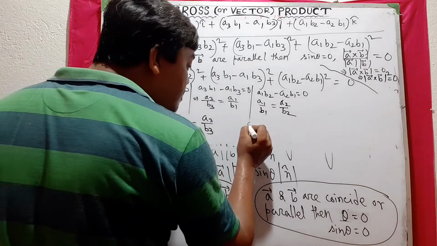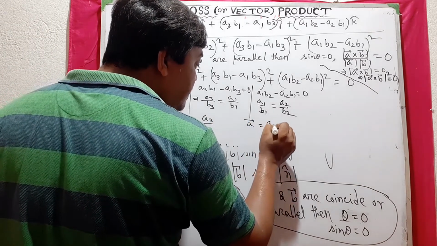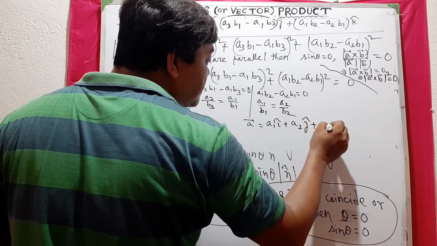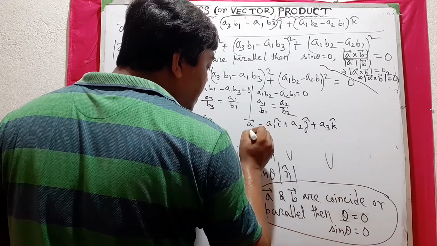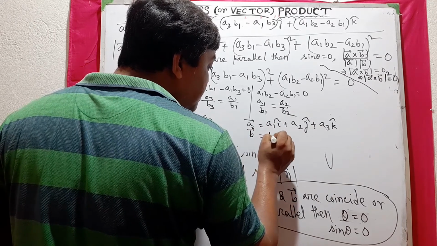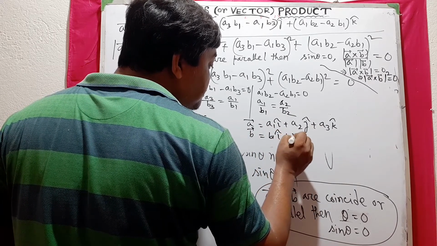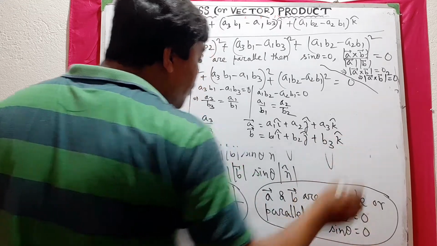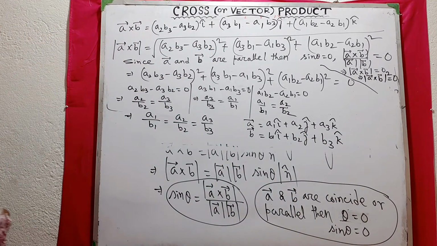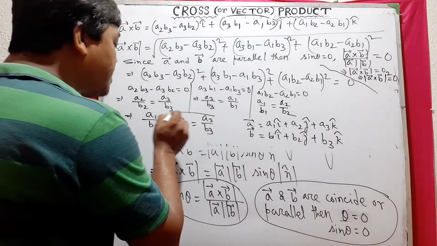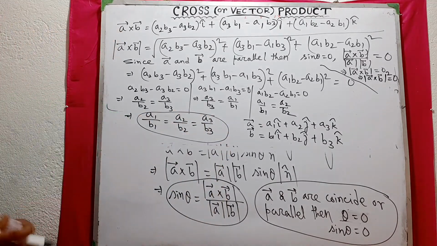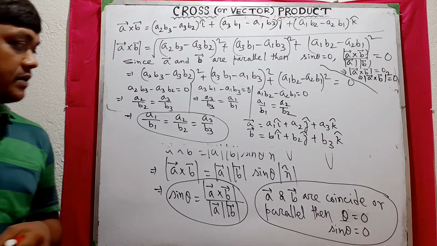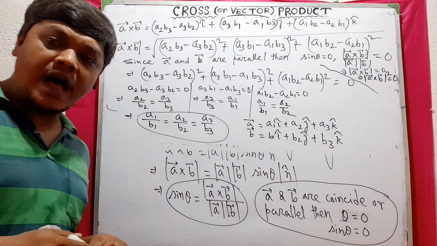Recall what the two vectors were: a vector equals a1 i cap plus a2 j cap plus a3 k cap, and b vector equals b1 i cap plus b2 j cap plus b3 k cap. If their coefficients are proportional to each other, then the vectors are parallel to each other: a1 by b1 equals a2 by b2 equals a3 by b3. So that is another condition of parallelism.